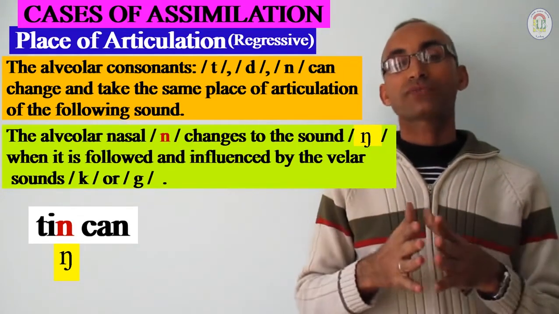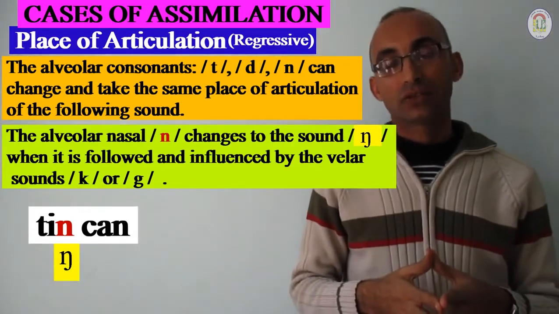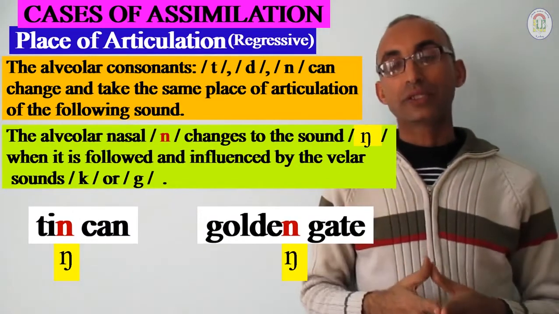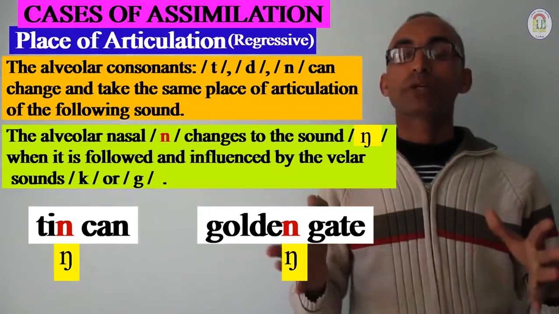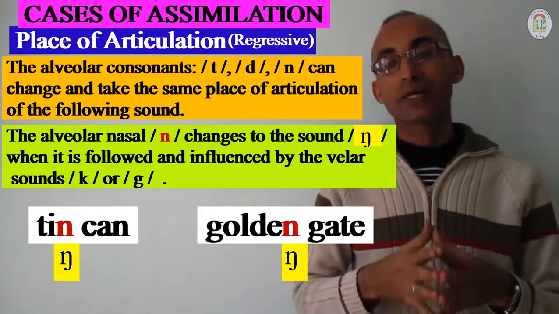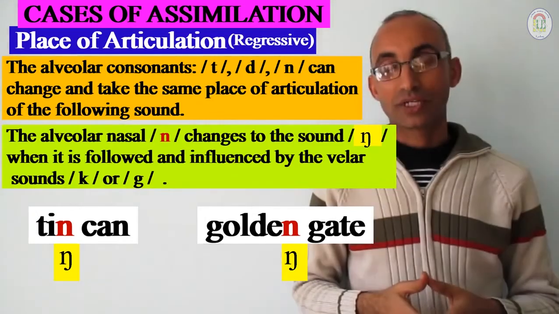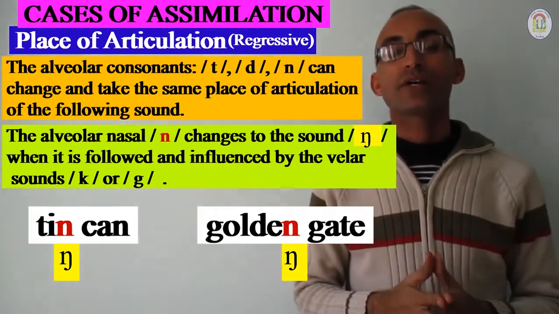Why? Because it's followed and influenced by the following sound ka. Right. Also, Golden Gate. So here the na is pronounced nya. Why? Because it's followed and influenced by the sound ga. Right.